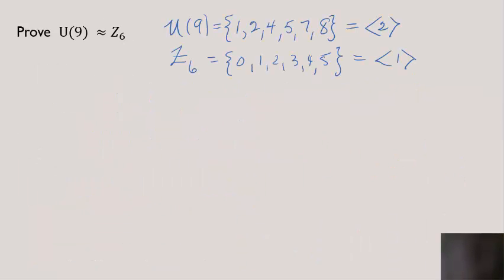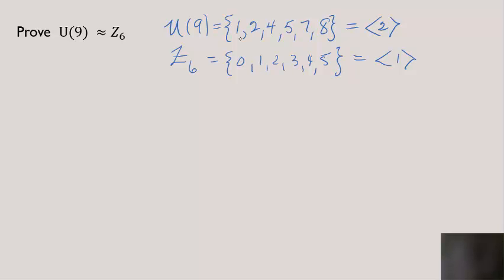So the next problem is to try to prove that U9 is isomorphic to Z6. This time the mapping is not provided for us, so we're going to have to come up with our own mapping. And the mapping cannot be just draw some lines between the elements.